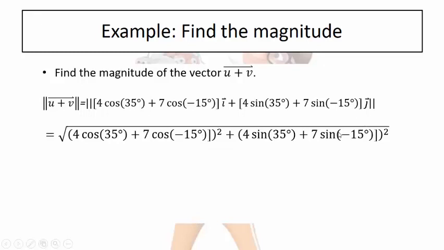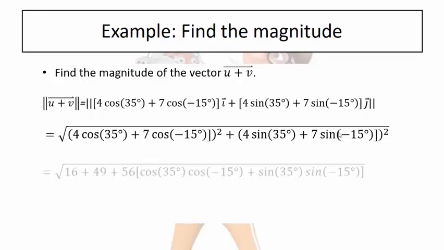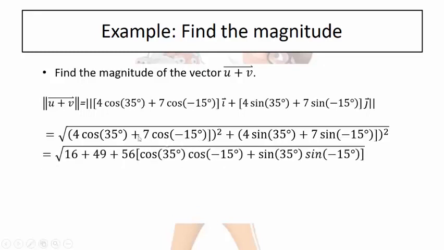Now, putting together the cosine squareds and the sine squareds of the same angle, since that's 1, you should have an expression that looks something like this. From 16 cosine squared of 35 and 16 sine squared of 35, that will be 16 times 1, and 49 times 1 from the sum of the last two terms. The 56, these were from the first binomial, and this was the product that came from the second, and I factored out the 56 here.